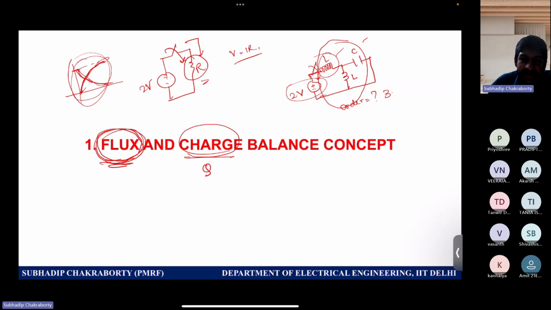So for the flux I am talking about, two properties I want to highlight in network theory: the flux cannot change instantaneously, and similarly the charge is always conserved. This flux can also be balanced or conserved.